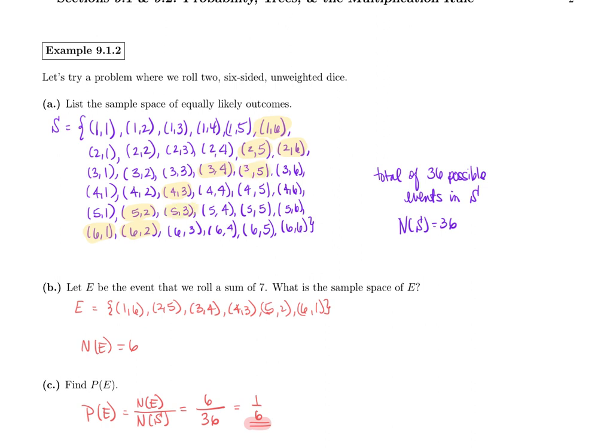Well, so we have 5 and 3 and 3 and 5 and 4 and 4. 6 and 3 and 4 and 5 are all 9, so those count. 6 and 4, and 5 and 5 are 10, and 6 and 5 are 11, and 6 and 6 are 12. So let's see how many that makes us. 1, 2, 3, 4, 5, 6, 7, 8, 9, 10, 11, 12, 13, 14, 15, 16, 17, 18, 19, 20, 21 ways to roll at least 7, a sum of at least 7.